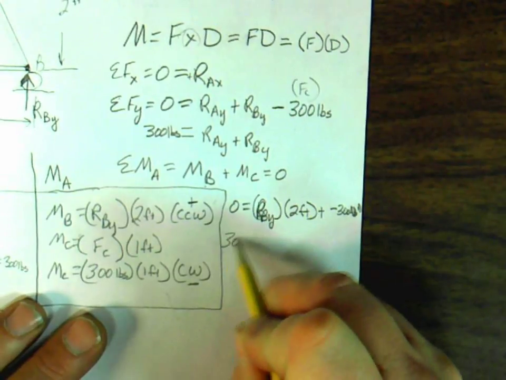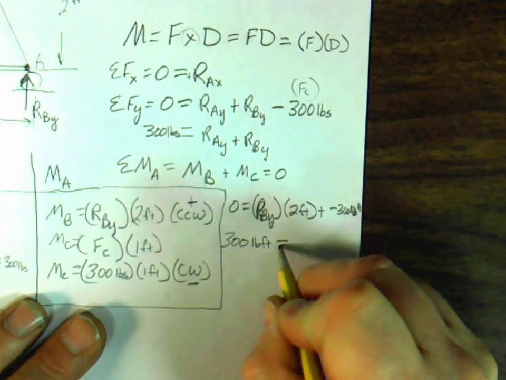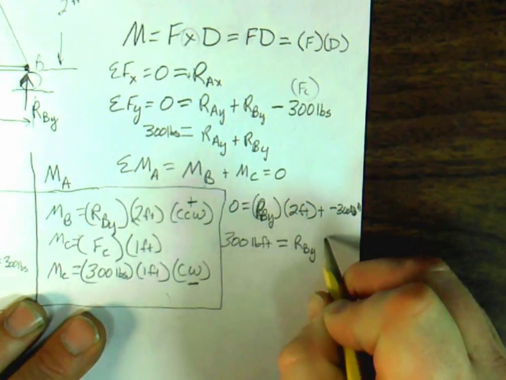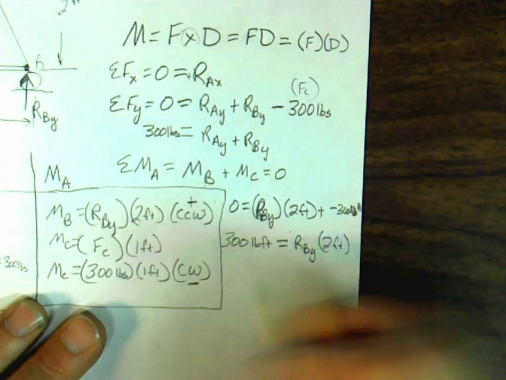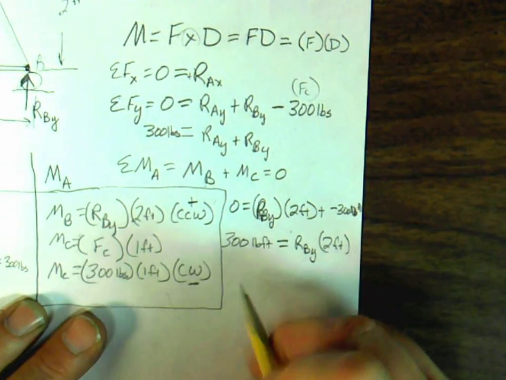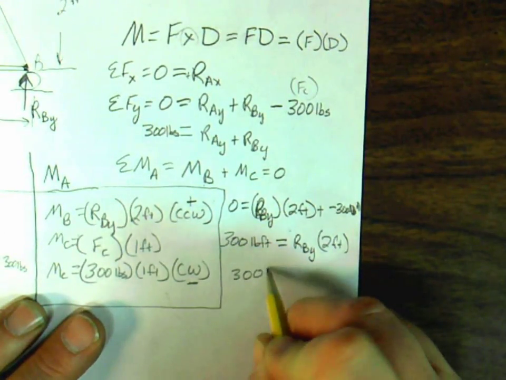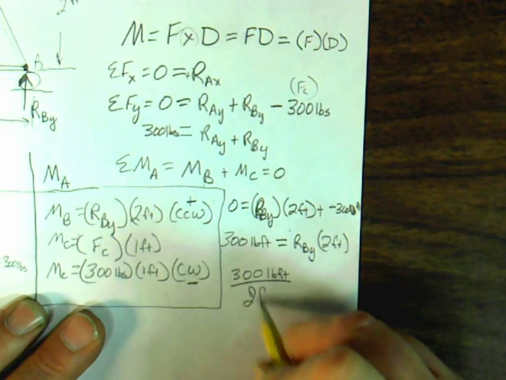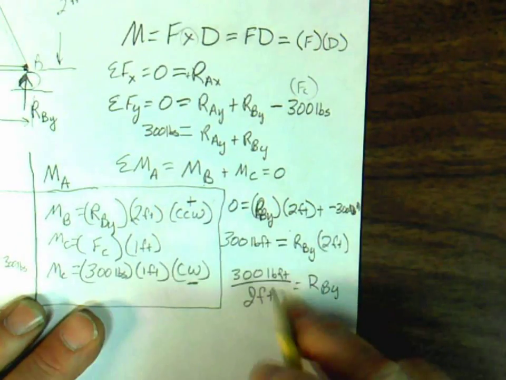Now we can take both sides of the equation and divide them by 2 feet. So RBY equals 300 pound-feet divided by 2 feet. The unit foot cancels off, and we are left with 300 divided by 2, or 150 pounds.